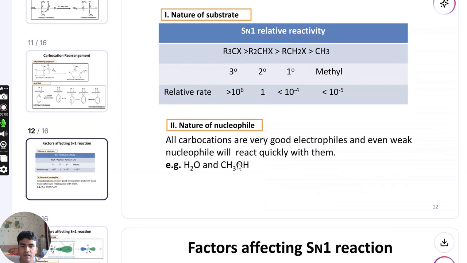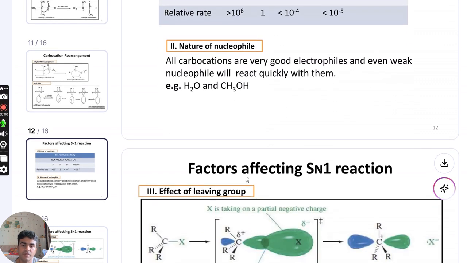Nature of the nucleophile will not affect the reaction rate because the first step is the slow step, and in the first step there is no involvement of the nucleophile.